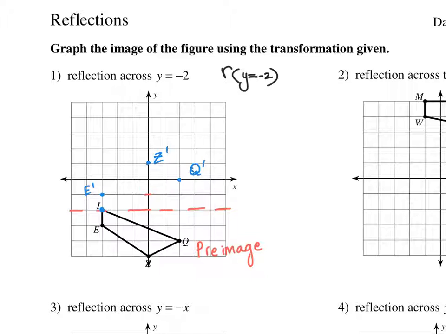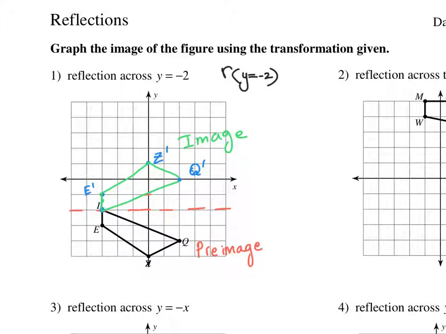And now I need to connect those. So I prime, E prime, Z prime, Q prime, and then back to I prime. So that's the reflection of my pre-image, and we call it the image. Now in this case, do you think the transformation is rigid or non-rigid? Does the transformation look the same?